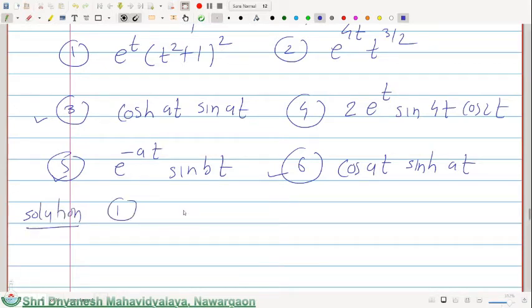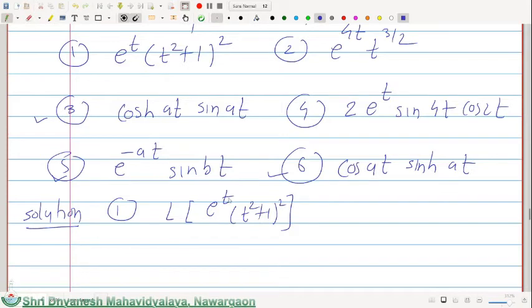Number 1, Laplace transform of e to the power t, t square plus 1 whole square. See, whenever you see an exponential term in multiplication with some function, you just remember you are going to use the shifting property there. So what I have said to you, whenever you see a function like this, you first find the Laplace transform of this function, and wherever s appears, you just replace s by s minus a.